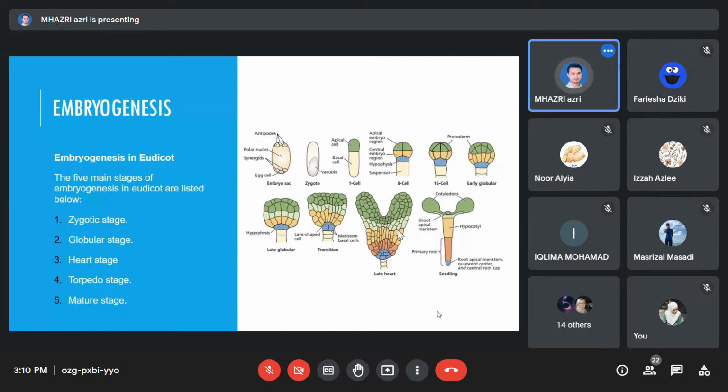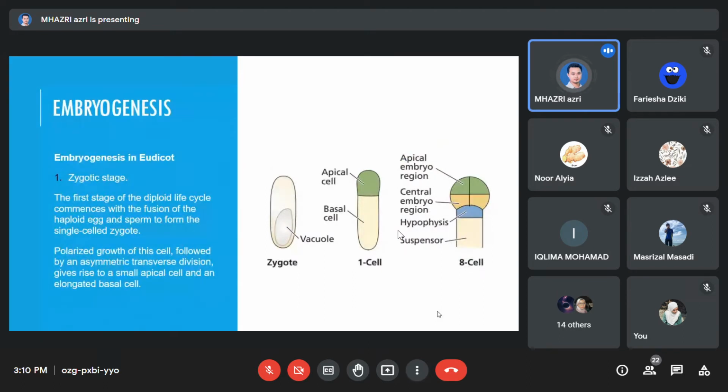Globular, heart, torpedo, the names derive from the shapes of the zygotes. Okay, zygotic stage is the first stage of embryogenesis in dicots and also monocots. Zygotic stage is the first stage of the diploid life cycles.